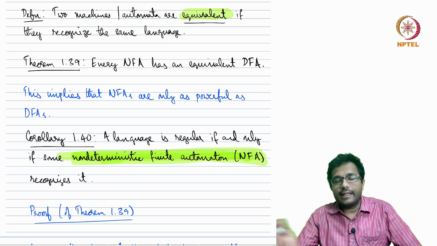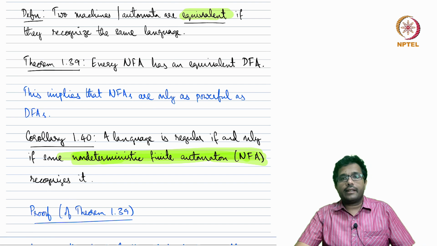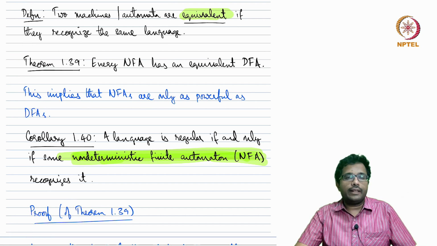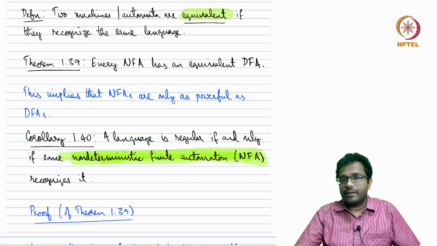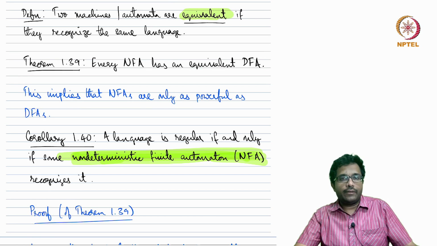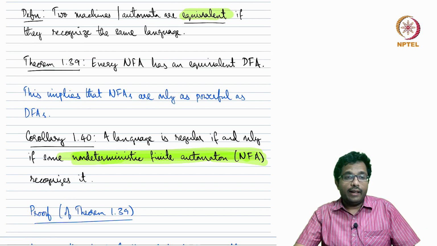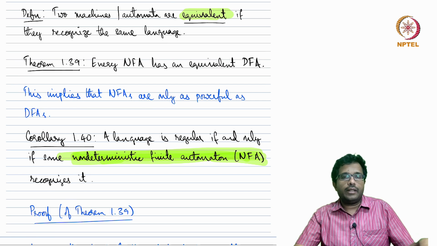Notice both the directions of the statement, if and only if. If an NFA recognizes it, we can make a DFA that recognizes it, so it is regular. If a language is regular, there is a DFA that recognizes it by the definition that we have already seen. And if there is a DFA recognizing it, the DFA is automatically an NFA. So if a language is regular, there is an NFA for it.